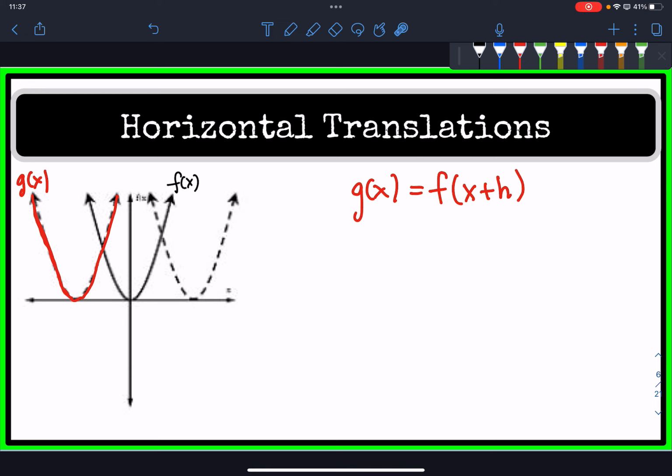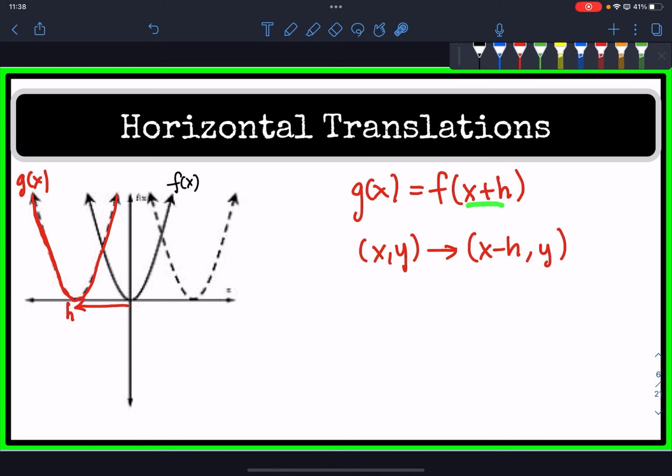In terms of x and y values, adding this value of h, since we're shifting it h units to the left, is going to decrease all of the x coordinates by that shift. I know it looks confusing because over here we're adding that quantity, but in fact, by adding this, what's really happening is that we're shifting our x coordinates to the left.